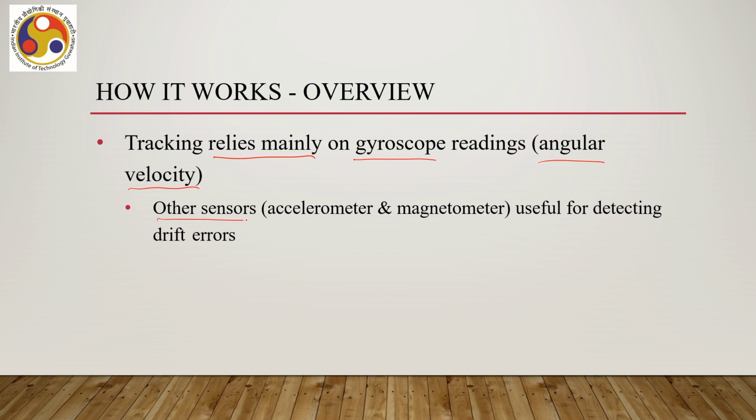The other sensors, namely the accelerometer and magnetometer, are not directly contributing to the tracking estimation, but we can use them to detect drift errors and take corrective measures.